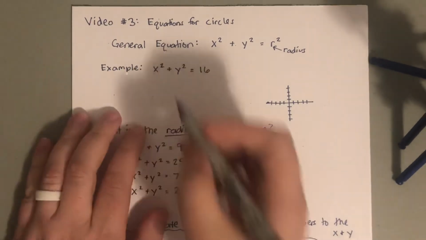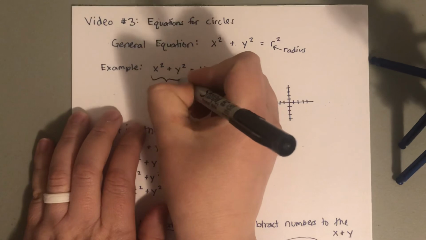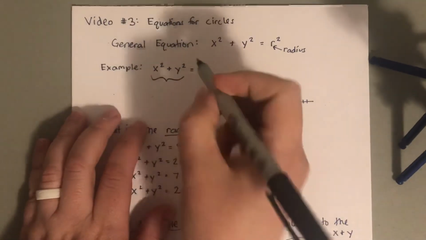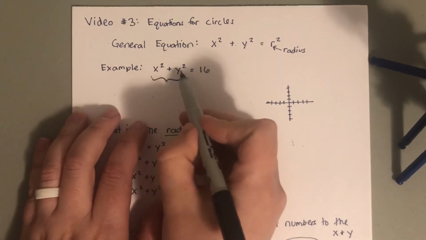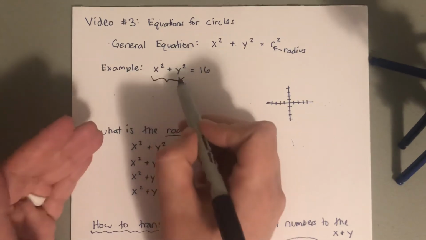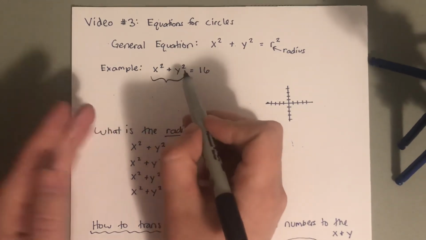Now, this is an example, and it tells us a couple of different things about the circle that this would graph. For example, this part tells us where the circle is. If you notice, it's just a plain x and a plain y being squared. There's not x plus 1 or x minus 3 or y plus 2.